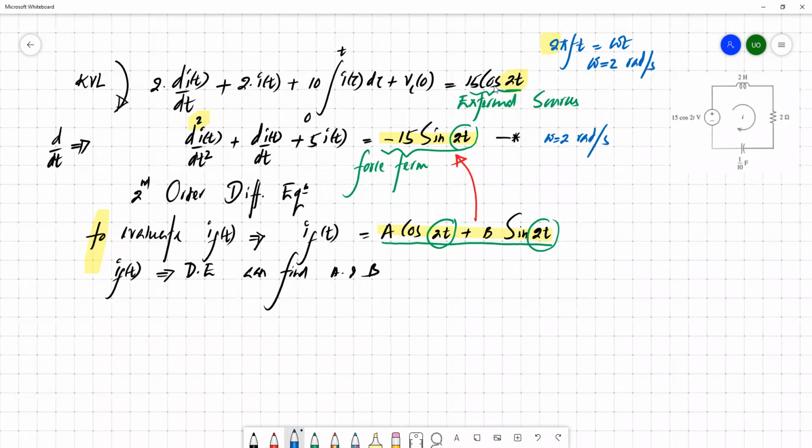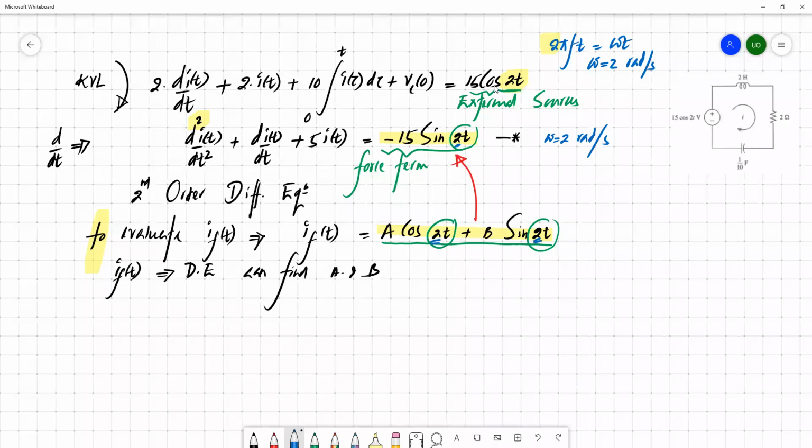That's why we have sine here, and the angular frequency is also 2. So the proposed trial force response again has the same angular frequency, which is why this 2 comes in front of t. Ideally it should be A cos 2t plus B sine 2t.